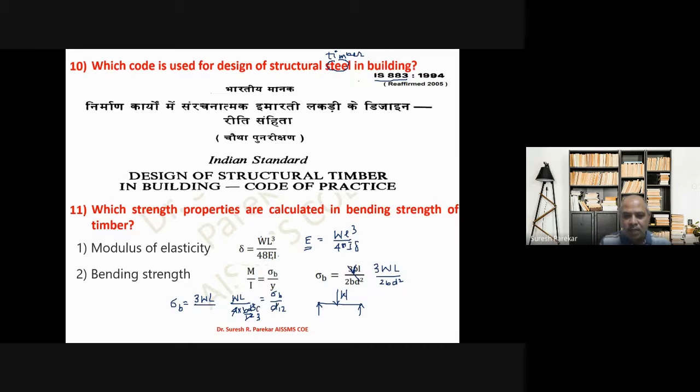The 2 goes with the bending stress and moves to the denominator on the opposite side, so from this we get sigma B equal to 3WL upon 2BD square.